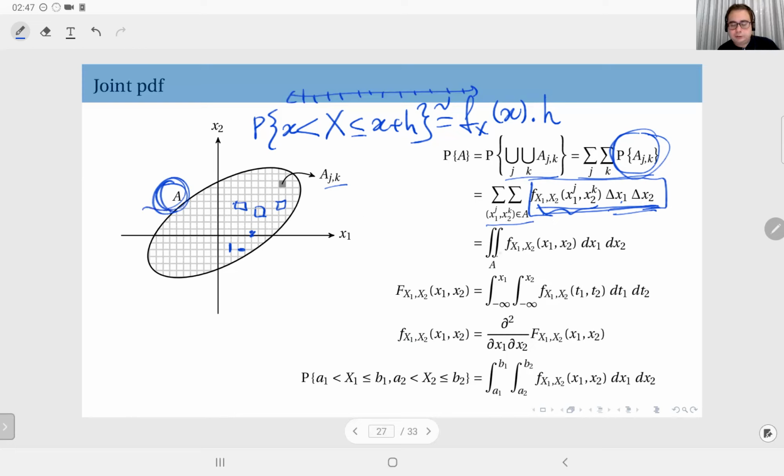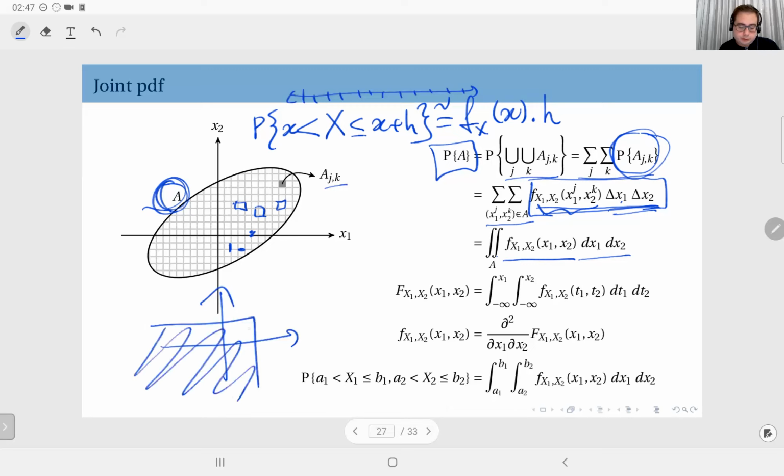You get a double integral of this joint PDF, dx1 dx2. So essentially, this area can be something like this. Let's say this is x1 and x2.